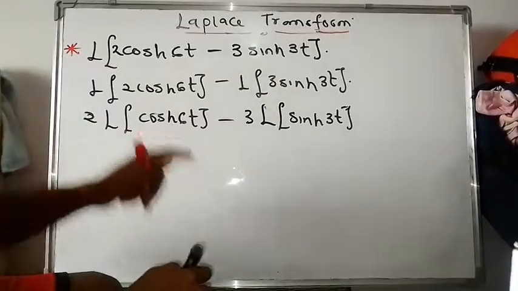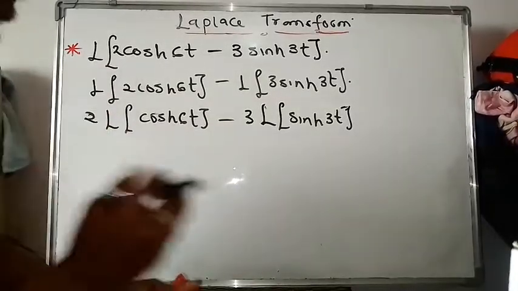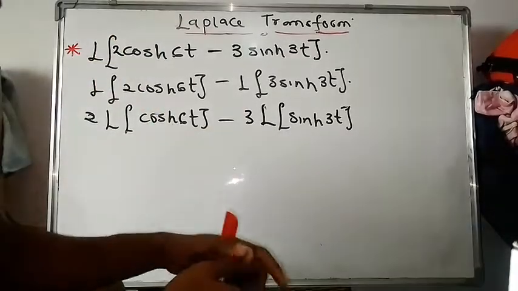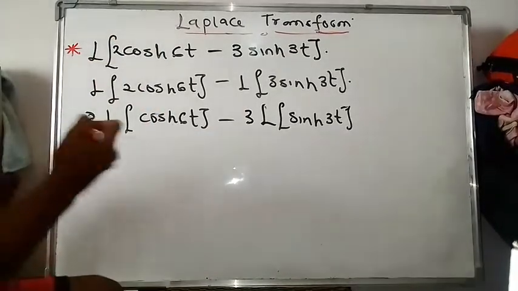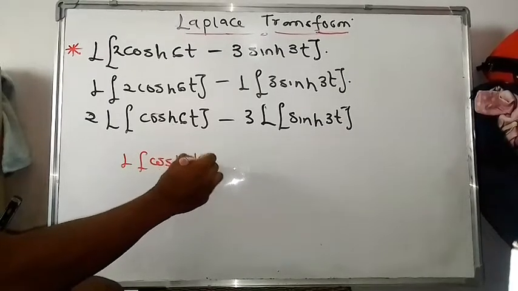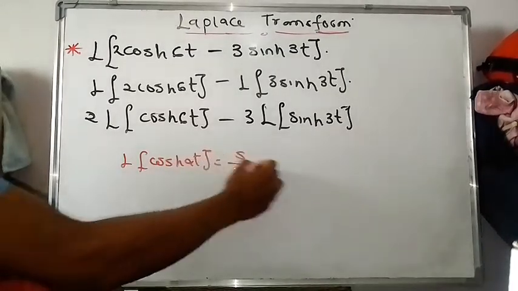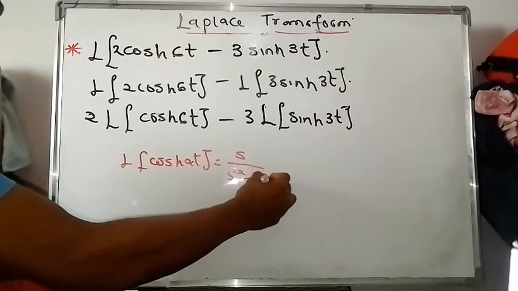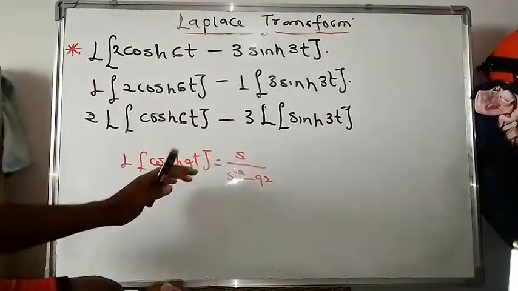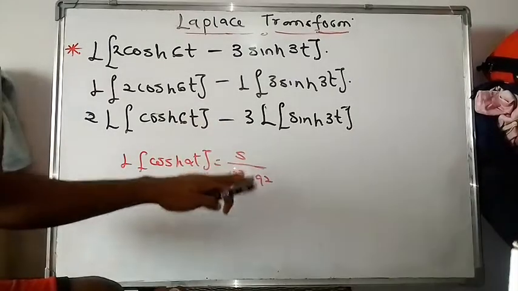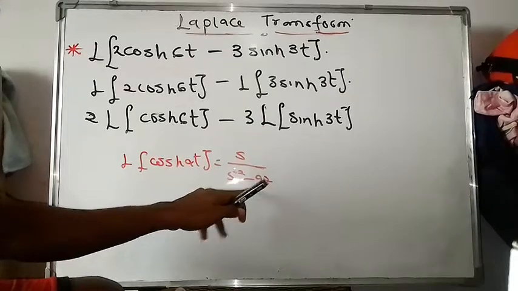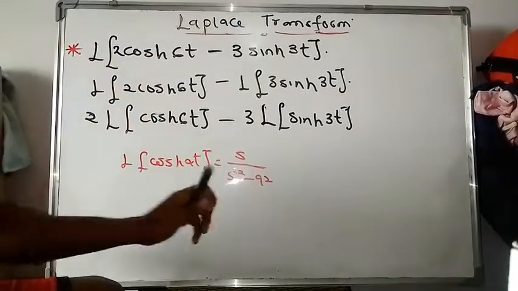So the Laplace of cos 6t. Now if you can remember what we derived in our second to the last video, the Laplace of cos at is equal to s divided by s squared plus a squared. This is very similar to the hyperbolic version, cosh at, but the difference is just the sign: for cos at there's a plus sign, for cosh at there's a minus sign.